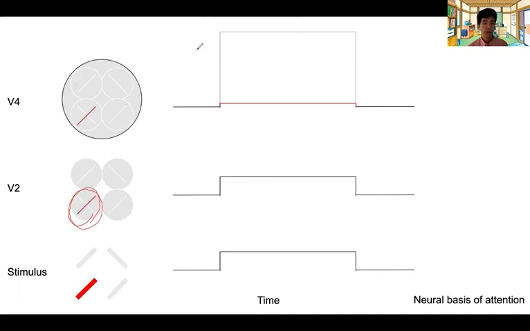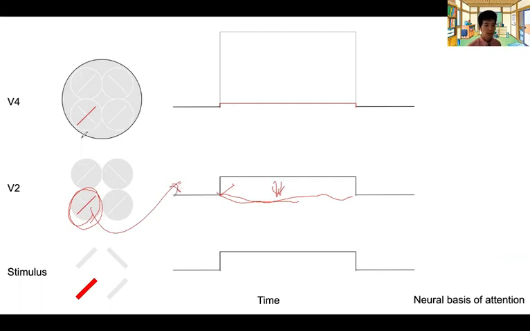So the neurons usually respond at 50 hertz, but now they become much weaker in terms of firing rate, almost like the baseline firing rate. It's kind of difficult to draw, but you know what I mean. So this particular neuron gets a lower firing rate.